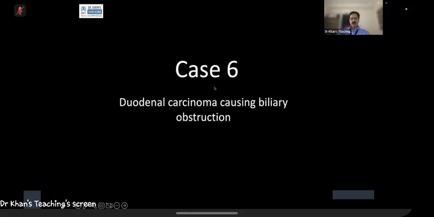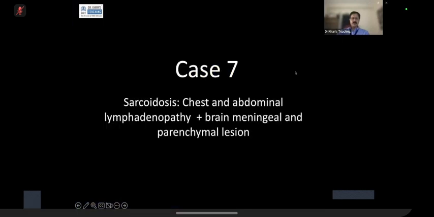So let's go through it. This is the greatest mimicker in neuroradiology, Mr. Sarcoidosis or Miss Sarcoidosis, whatever you want to call it. I'll go through some features of neurosarcoidosis.